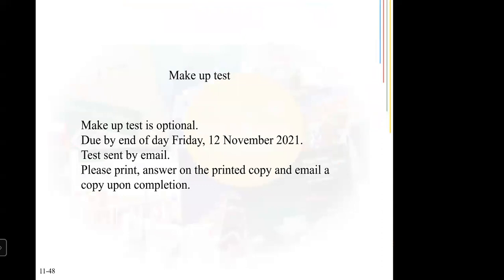That's exactly the same format as this one for midterm. It's optional, you don't have to do it, but it would be good for you to do it because the more practice you get, the better skilled you become in tackling these type of questions. And your exam is going to be made up of questions that are very similar to these. So if you can do it, it would be to your advantage.